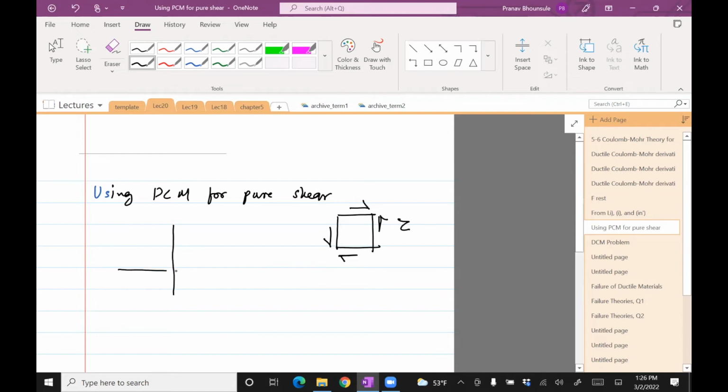Again, I can draw the Mohr circle for this. How will you start with the Mohr circle? Sigma x and sigma y are 0.